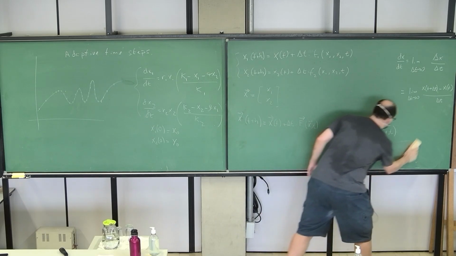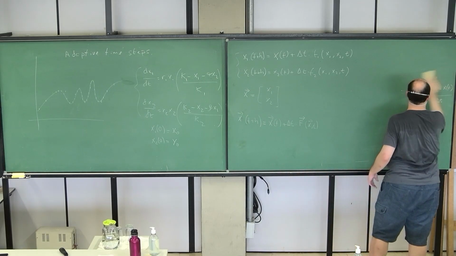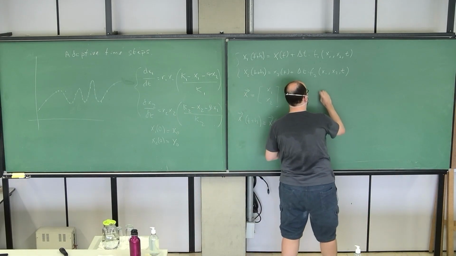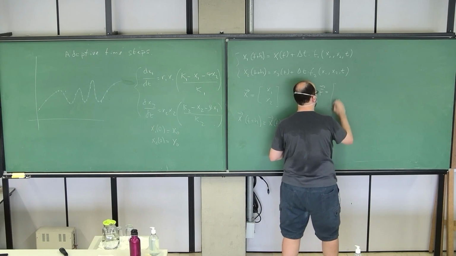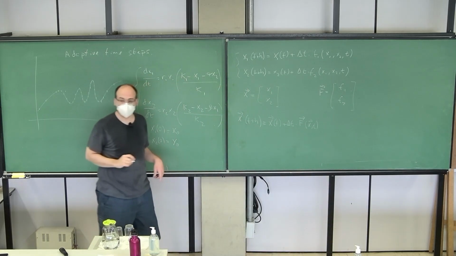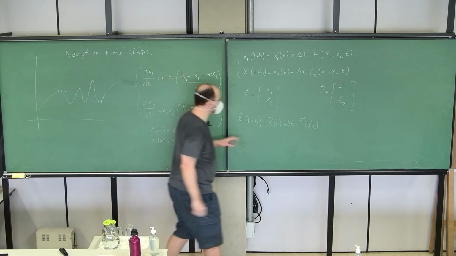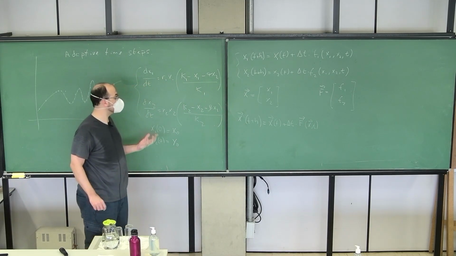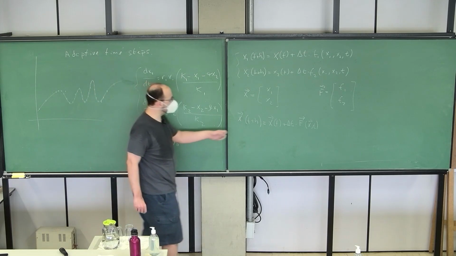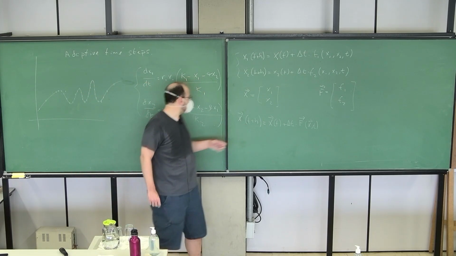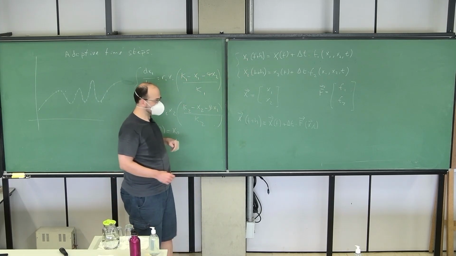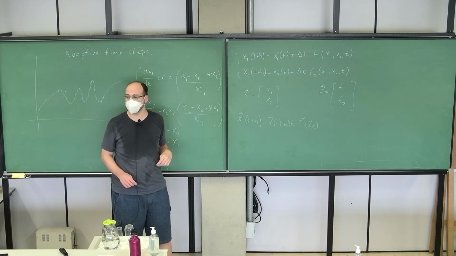This f is just this vector, f1, f2. Why is this more practical? Because when we are going to generalize this, it's much easier to think in terms of vectors than to think in terms of some number of equations, you see? Does that make sense?